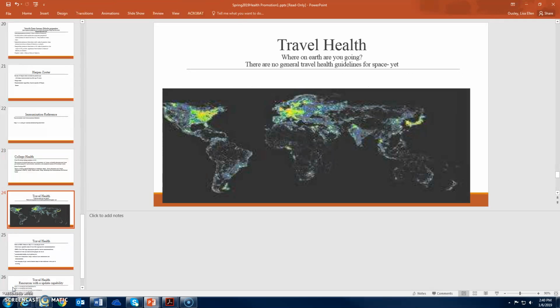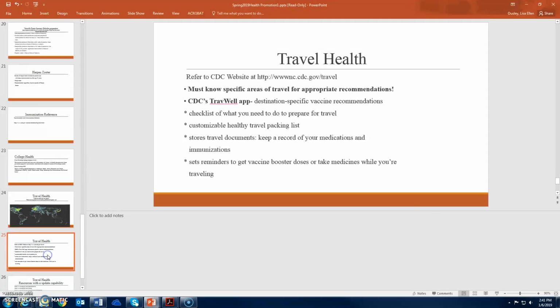At the same time, as we're just briefly reviewing travel health, many of our students are traveling abroad during a semester. But in primary care, outside of college health, there are a lot of your patients that will come to you for travel health advice and care. They need pre-immunizations and they may need medication.